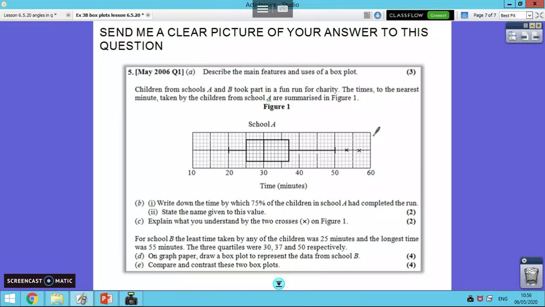I'll give you till Sunday to do it, just because I know you're probably getting work from all over the place, and I just want you to be able to fit it in and give it a good go and not rush anything. So I'm going to give you till Sunday to do this, like I did last week. Please make sure that you send me a clear picture of your work, just so I can mark it well myself and see where you're at.